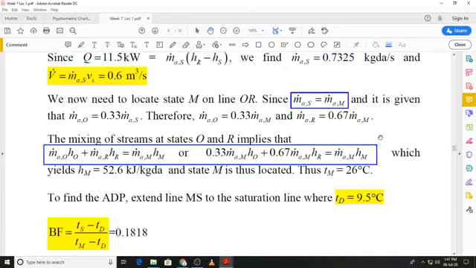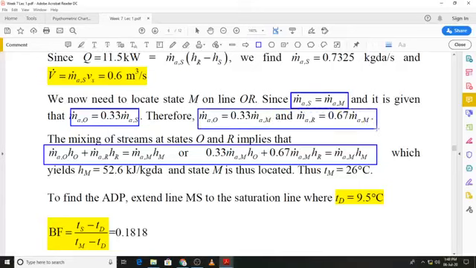In the solution, we will replace the expressions for m dot ao and m dot ar by the equivalent expressions, in which we have 0.33 times m dot as, and similarly for m dot ar. We will replace them by these expressions. Instead of m dot as, we can have m dot am.